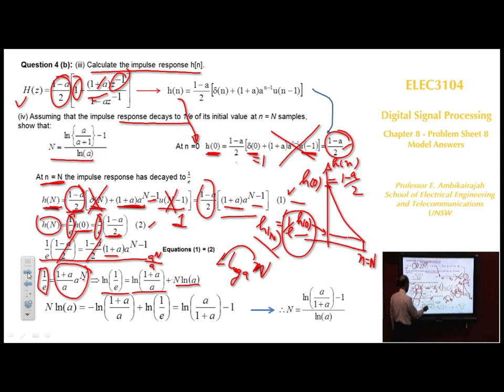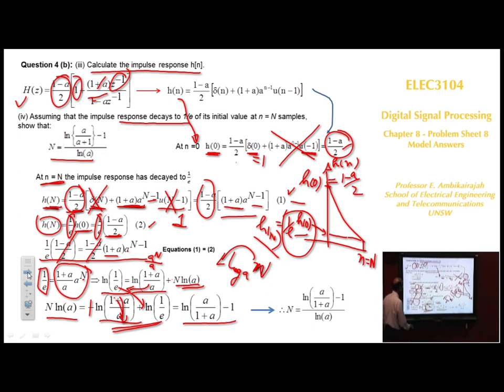So we are only after this now. You move this one to this side, it becomes minus. So N log a is equal to minus of that plus this one. This can be switched around: that goes up, that comes down, then this sign goes plus. And you combine these two.